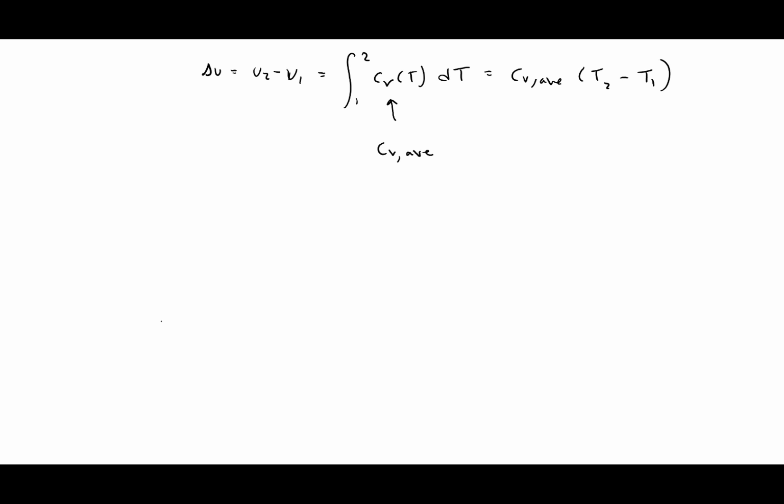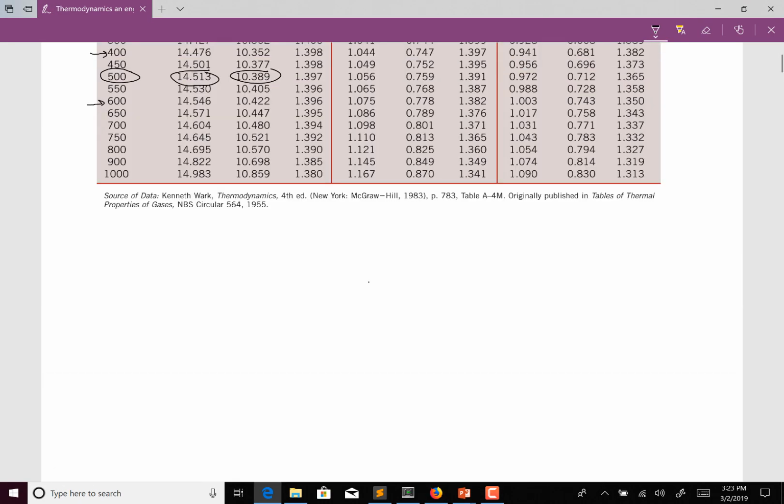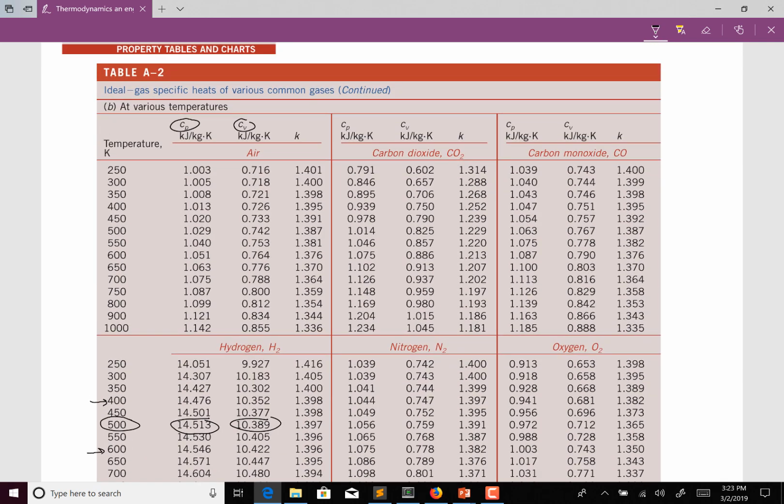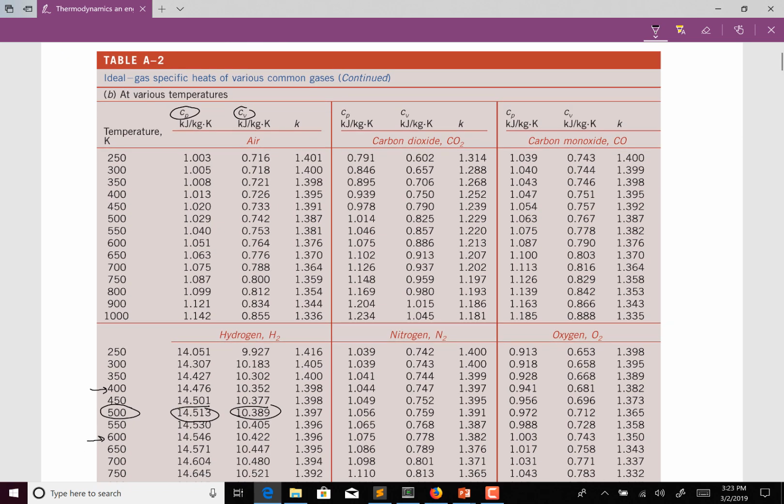So let's look at how we would get C sub V average. Let's go look at the chart. We're going to be using A-2 again, only this time we're going to be using A-2B, where we have the specific heats at various temperatures, and we're interested in air, so that's this first one. What we want to do is look at the average temperature.